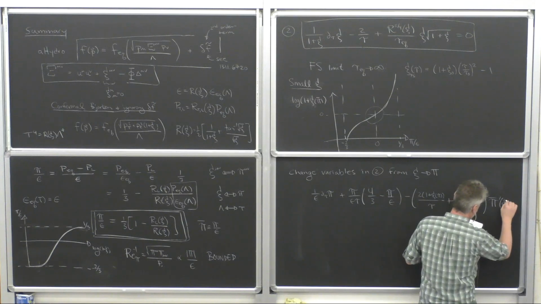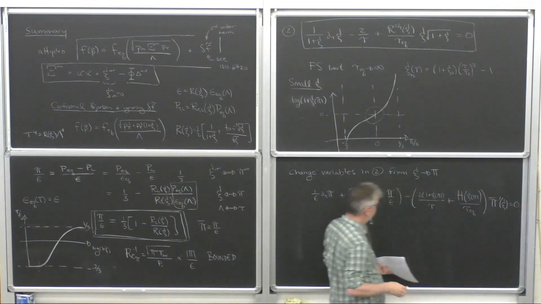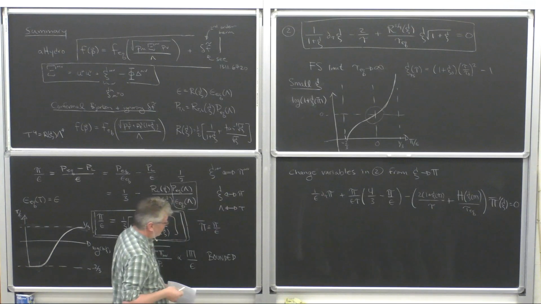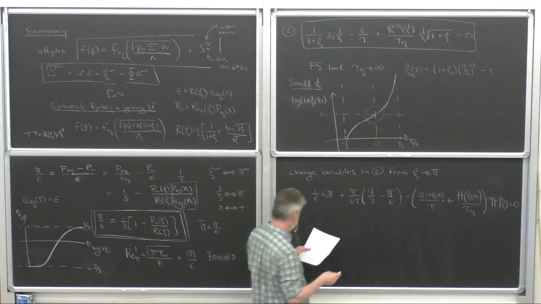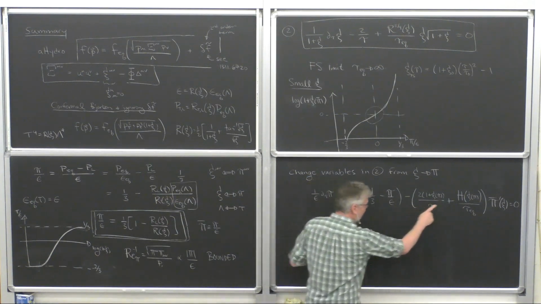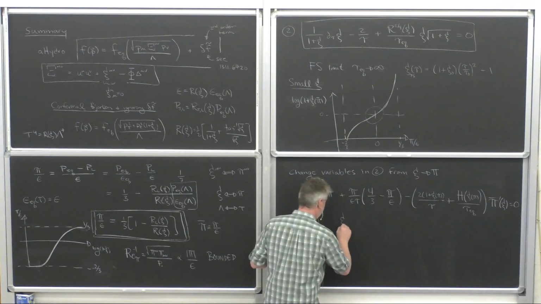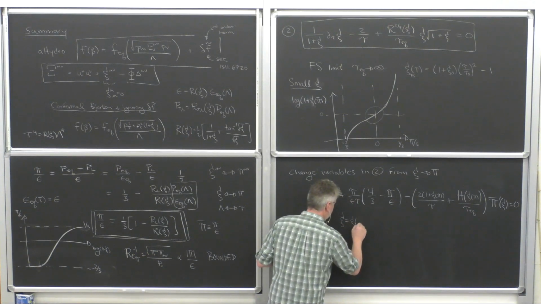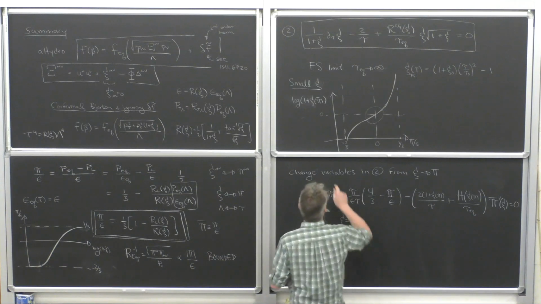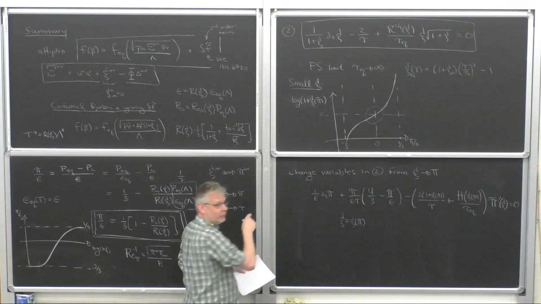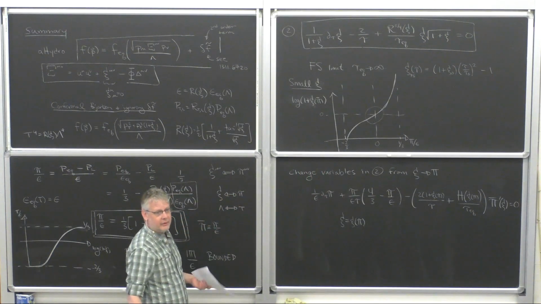Okay, it's ugly, I admit it, but this is what it is. Everywhere up here where there's a Kc appearing, it's understood that it's a function, Kc of pi, that you get from the inversion.